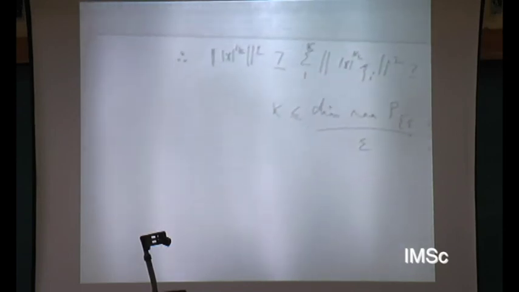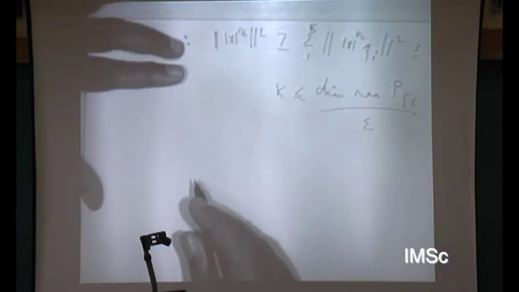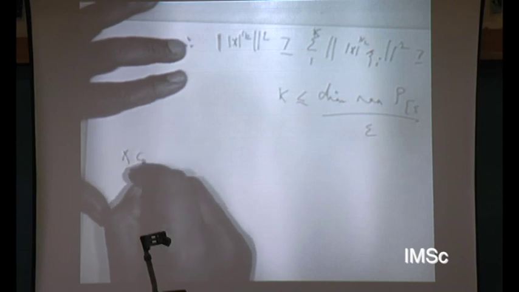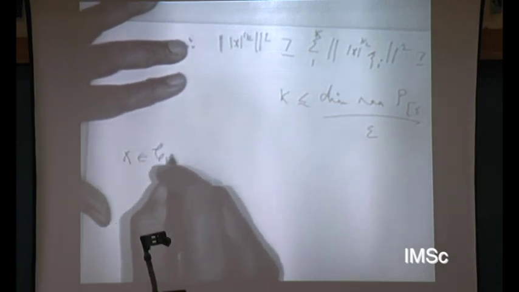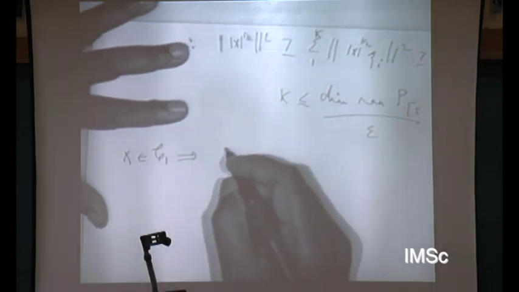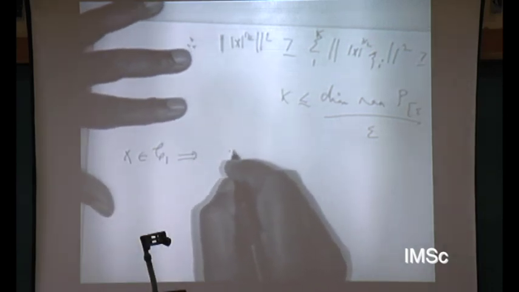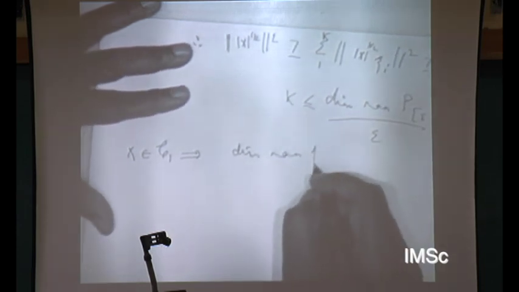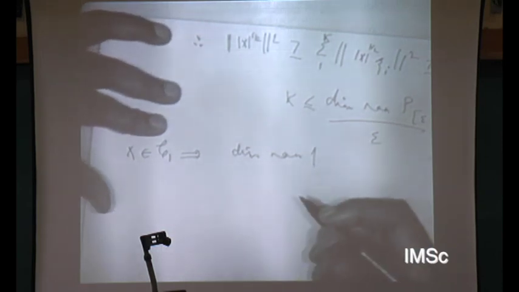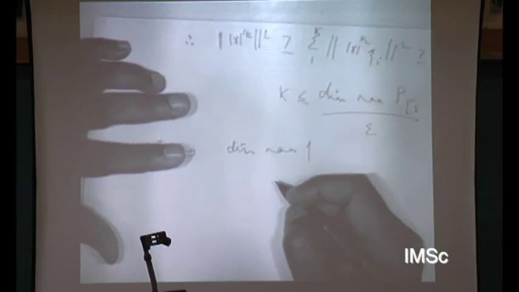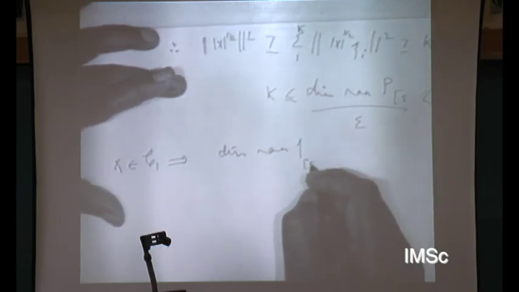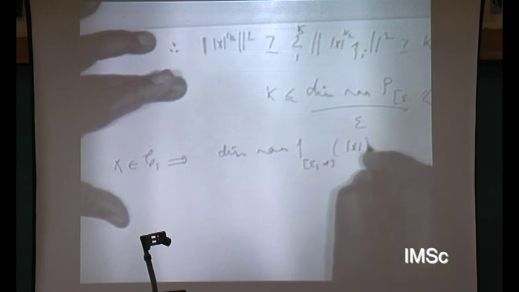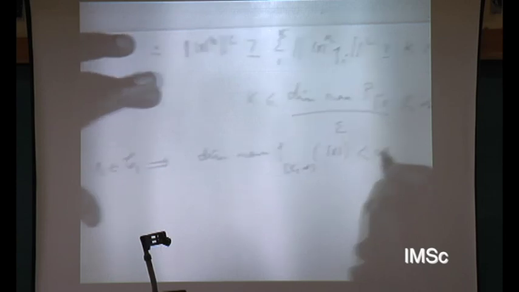So what have we shown? We've shown that if x is a trace class operator, then the dimension of the range of the indicator of epsilon to infinity of mod x is finite for all epsilon positive.